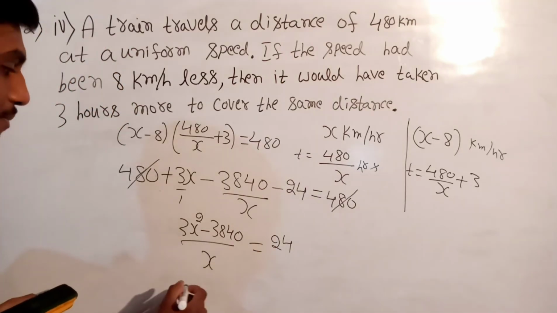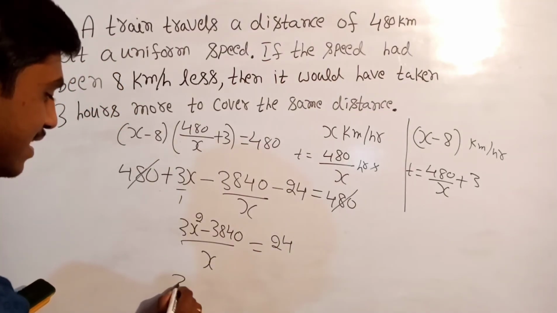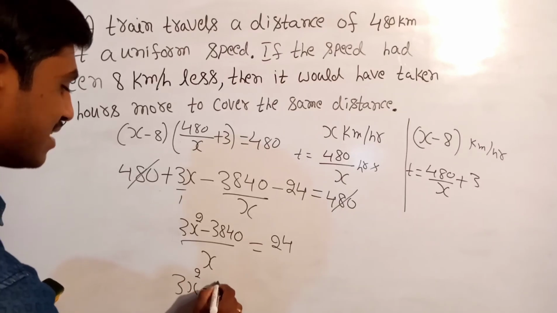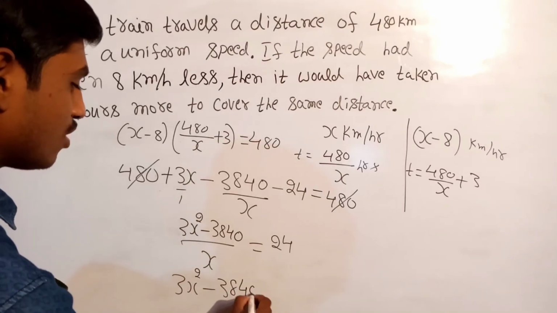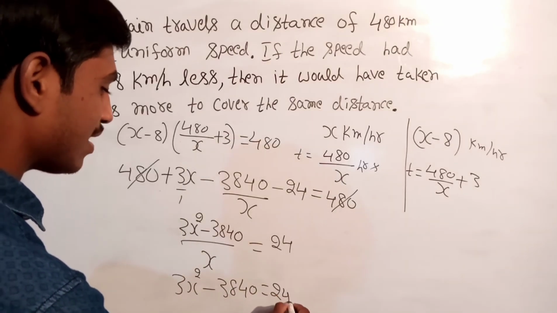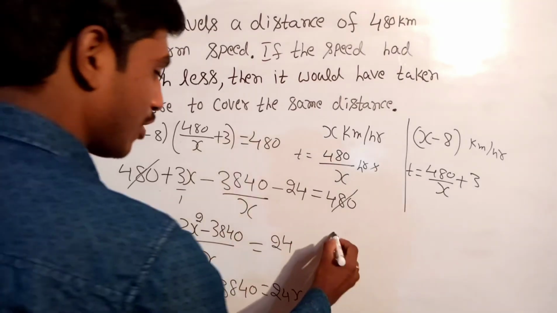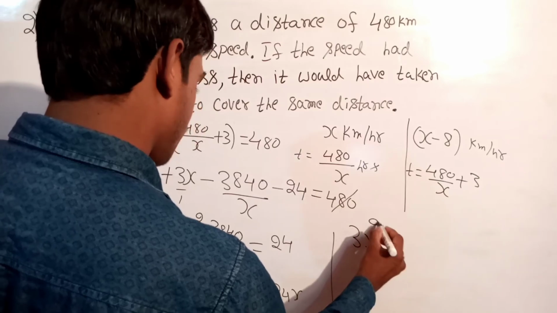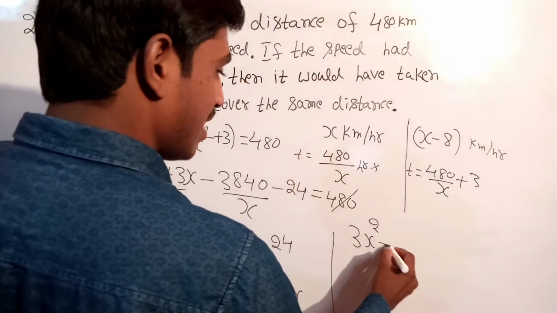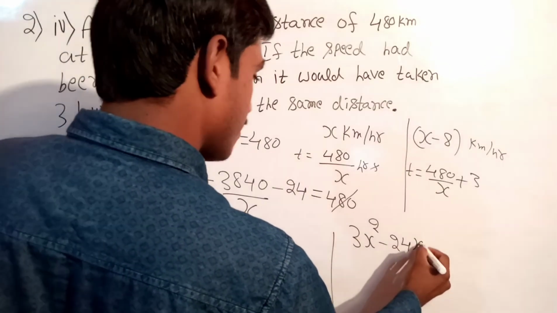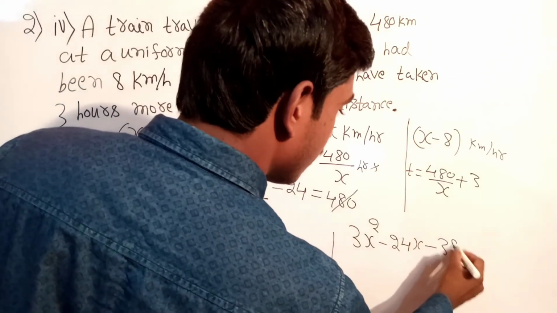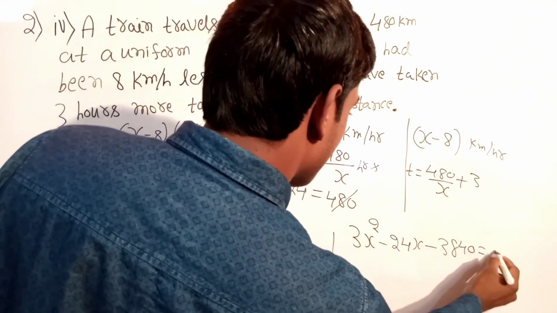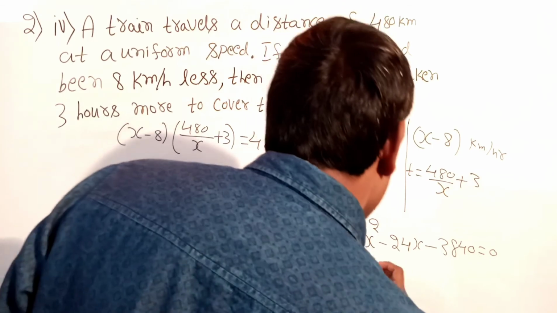And if we cross multiply, 3x square minus 3840, which is equal to 24x. 24 into x is 24x. Or else if we rewrite, we will get 3x square minus 24x minus 3840, which is equal to 0.